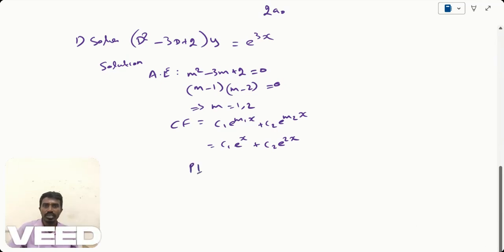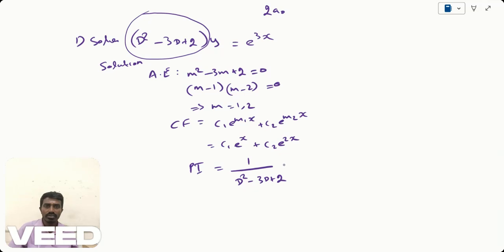Now we need to find PI. PI equals 1 divided by the left hand side of the given problem without y, that is d square minus 3d plus 2, into the right hand side, e power 3x. Now replace d by 3.